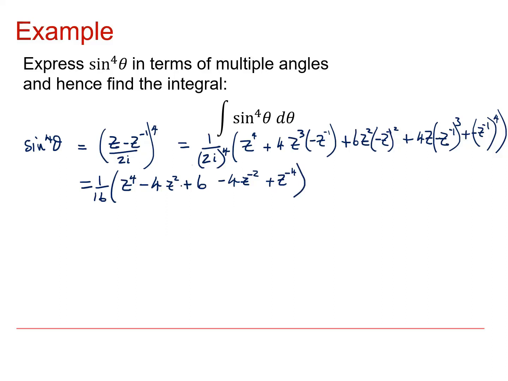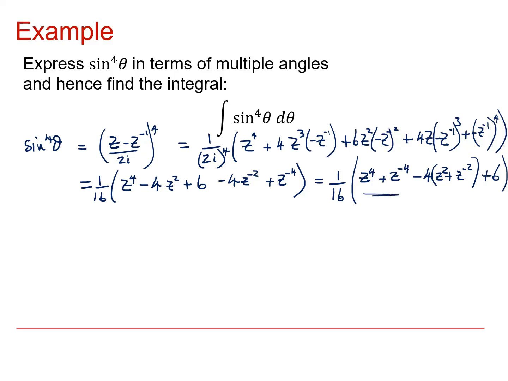And rewriting these, putting the powers of 4 and powers of 2 together, I'm going to get that is 1 over 16 times z to the 4 plus z to the minus 4, minus 4 lots of z squared plus z to the minus 2, plus 6.